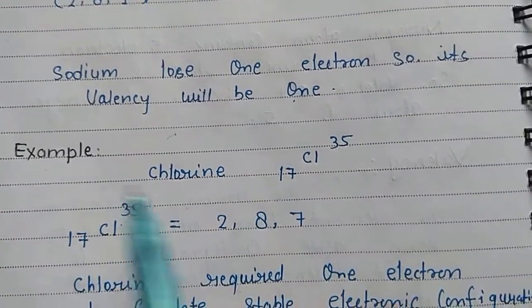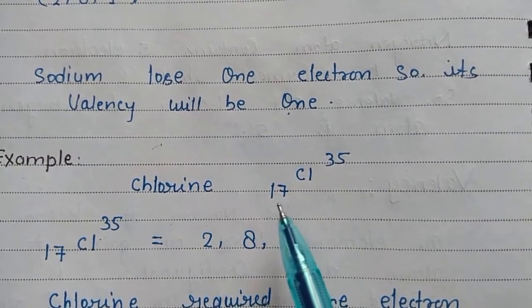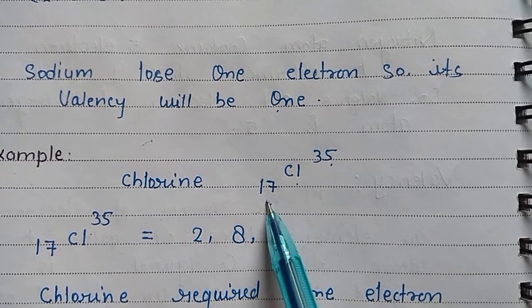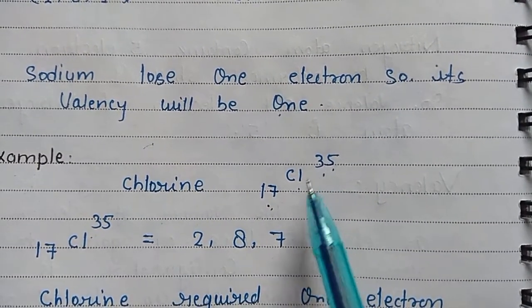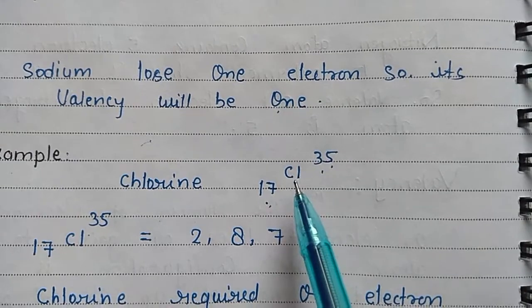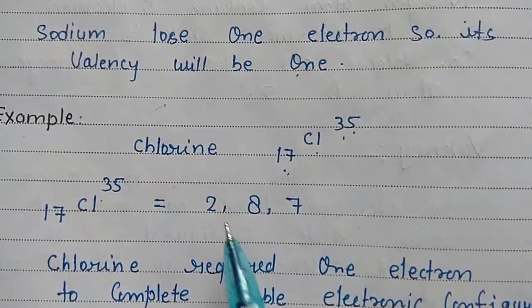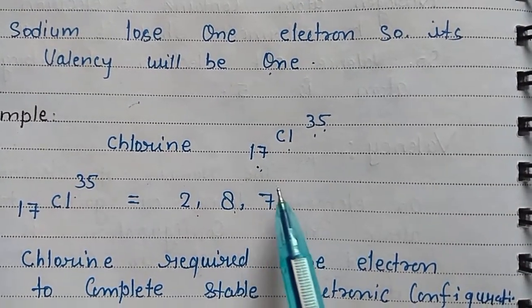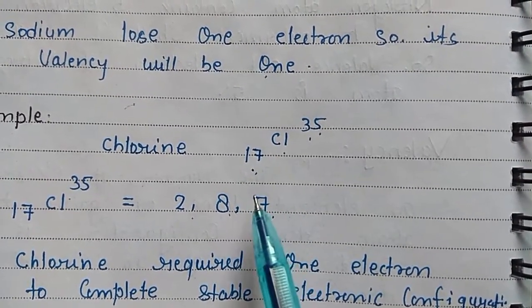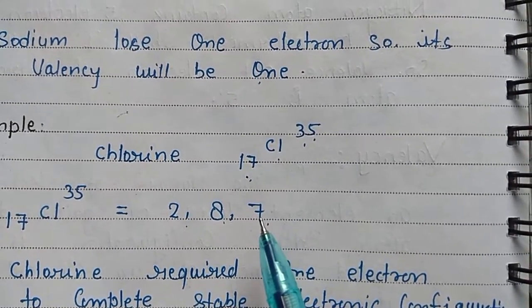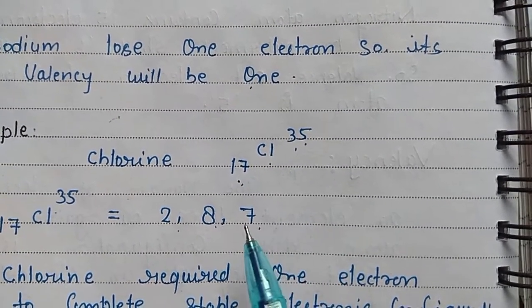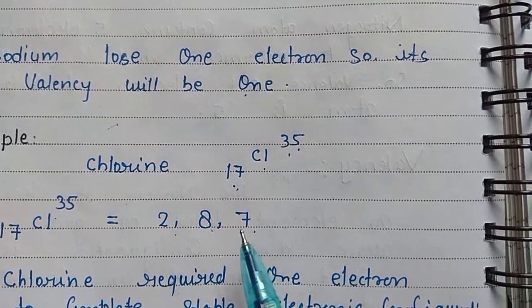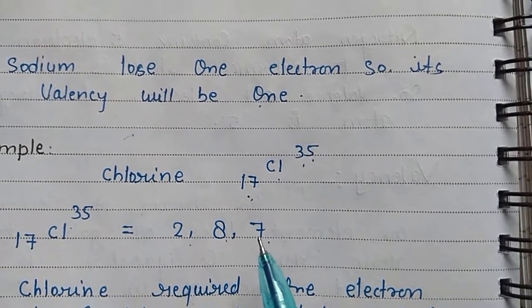Now second example, chlorine, whose representation is 17Cl35. 17 is the number of electrons, 35 is the atomic mass, and Cl is the symbol of chlorine. Electronic configuration is 2, 8, 7. In the chlorine atom, 7 electrons are present in the outermost cell, but it is difficult to lose 7 electrons. It is easy to gain 1 electron and complete its octet, that means 8 electrons in its valence cell.